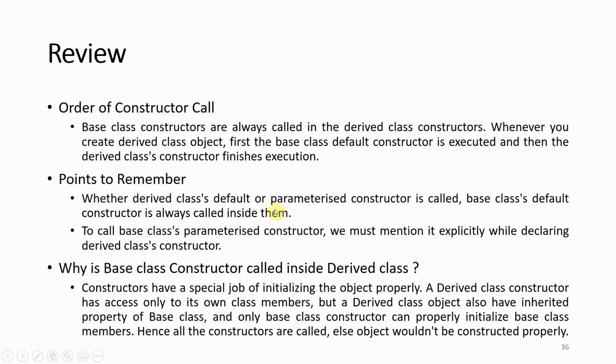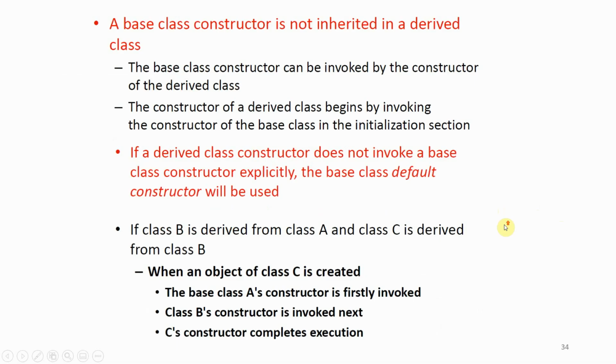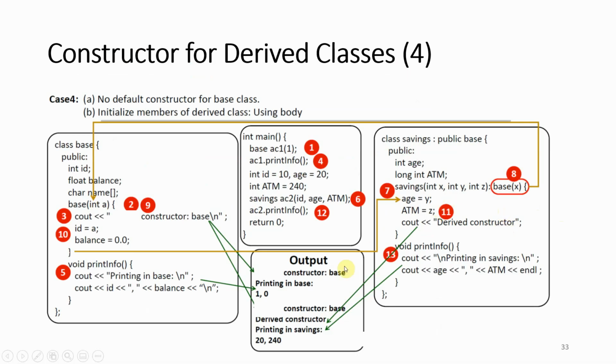Whether the derived class's default or parameterized constructor is called, the base class's default constructor is always called inside them. So it doesn't matter if you're calling the derived class's non-default constructor right here.